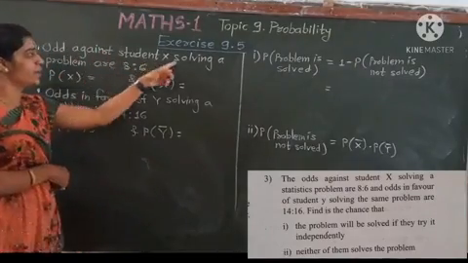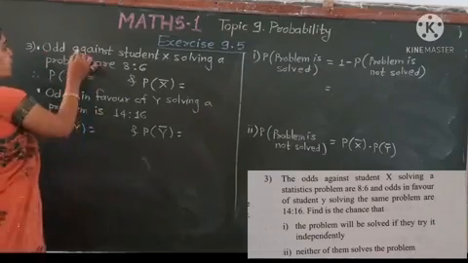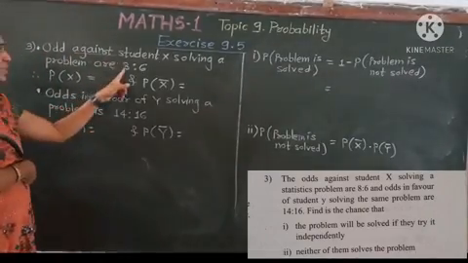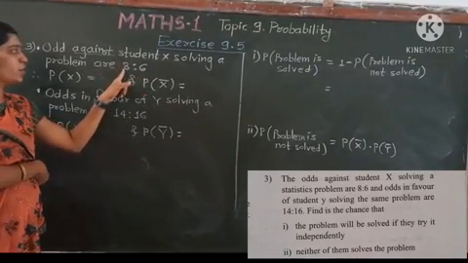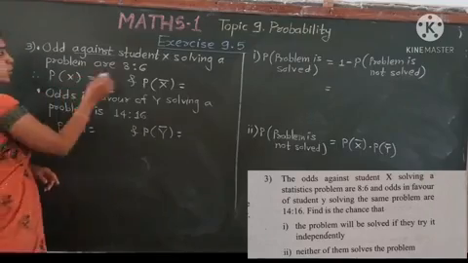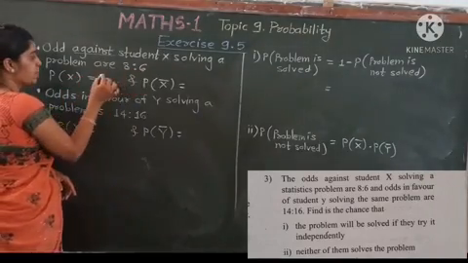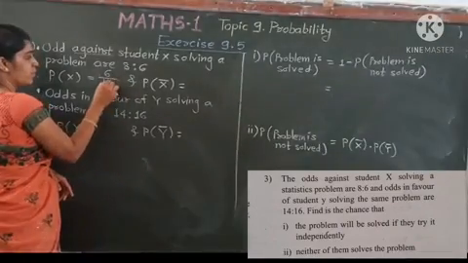Odds against student X solving the problem are given as 8:6. Here, what is odds against? It means unfavorable to favorable, not solving and solving. Therefore, what is the probability of solving? Solving means 6 upon 8 plus 6, that is 6 upon 14.